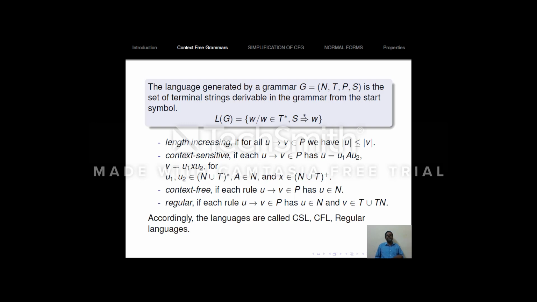So the length of the left hand side is 2 and the length of the right hand side is 1.